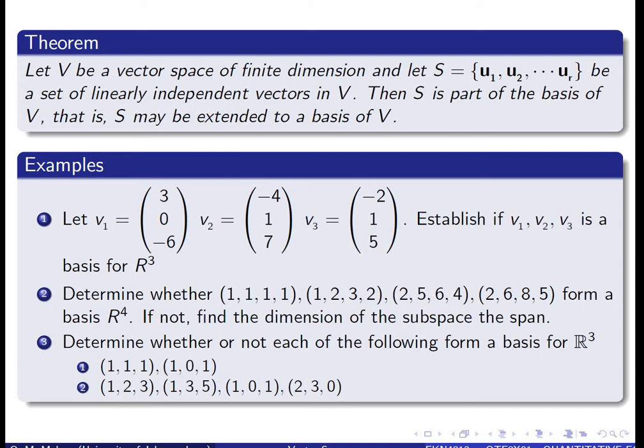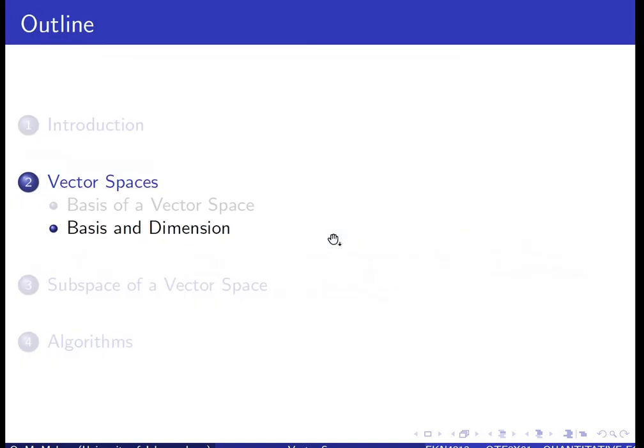How do we find out that these vectors are linearly independent? We form a 3 by 3 matrix out of these vectors and we find the determinant. If the determinant is non-zero, then we say that these 3 vectors form a basis for R3, or they span R3. If we can just go back to our definitions.